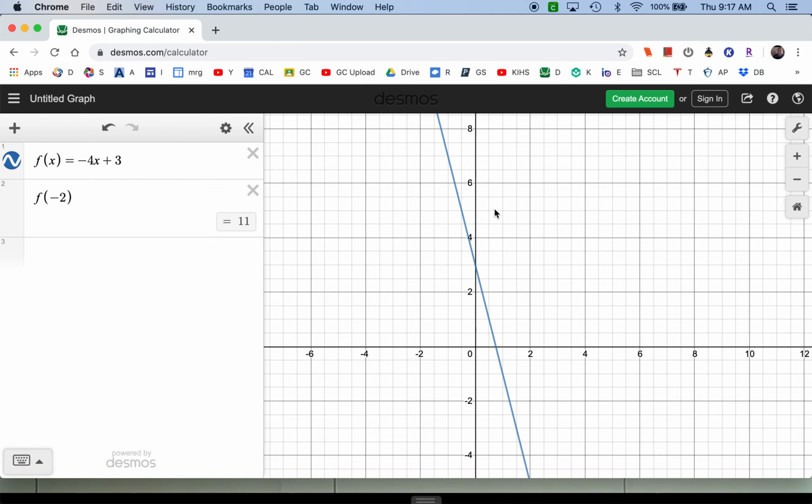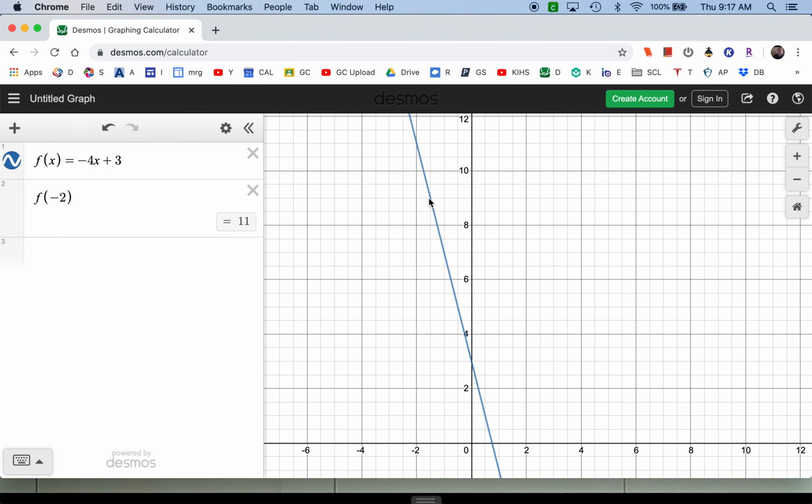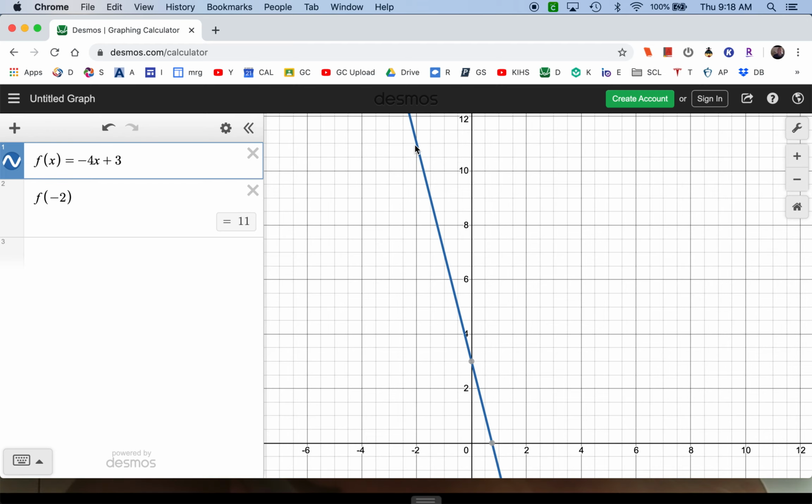The other thing I need to realize is that around negative 2, when I look at the function, is there a jump or anything that is not continuous that I need to look at? And there isn't. So at negative 2, do we have an answer? Off the graph, I can see that the answer is 11. So for number 4, the answer is 11.